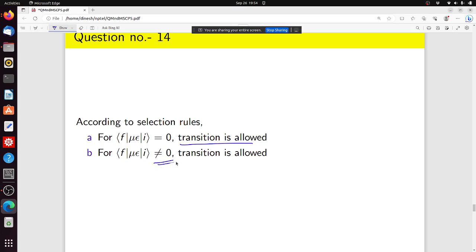Yeah, if it is non-zero, then there is some overlap between final and initial state, right? Then the transition will be allowed. For this case, transition will be forbidden. It is 0, that means there is no overlap between initial and final state. Okay, so B will be the right answer. Okay, good.